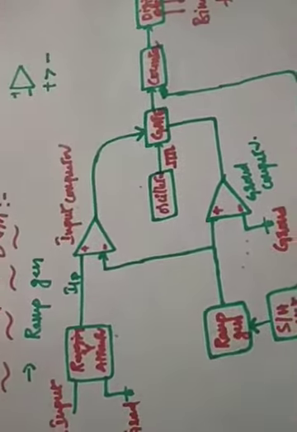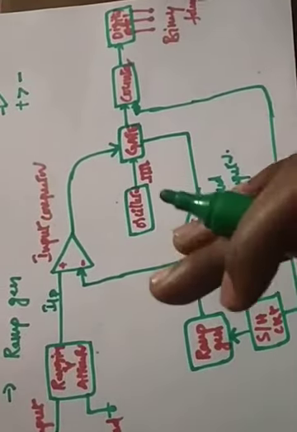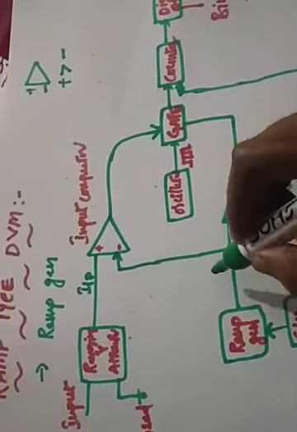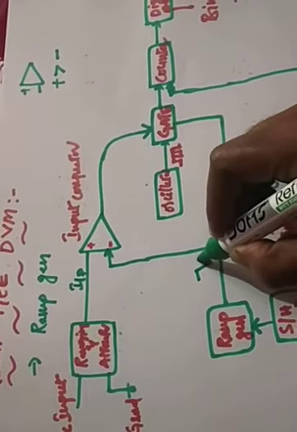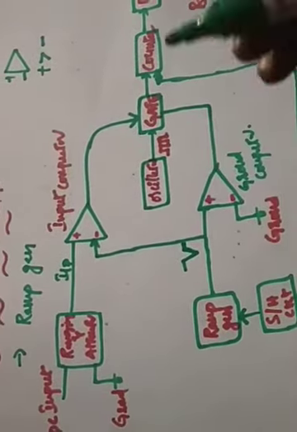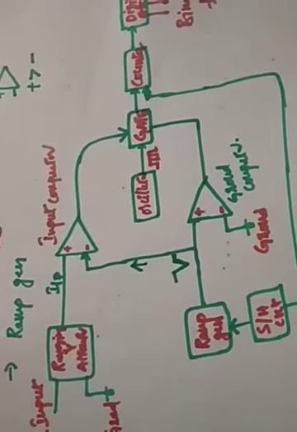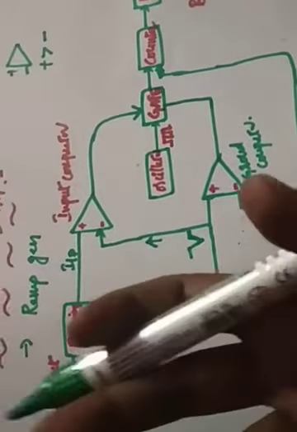Right? So another end of the comparator, that is called a negative signal, is connected to the ramp generator. We have a ramp generator, so that will generate the ramp signal. Alright. So why we are calling it a ramp generator?